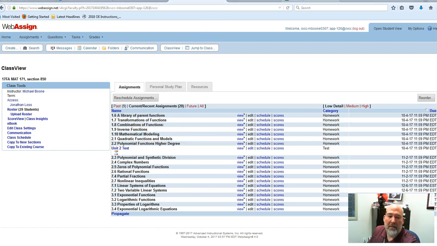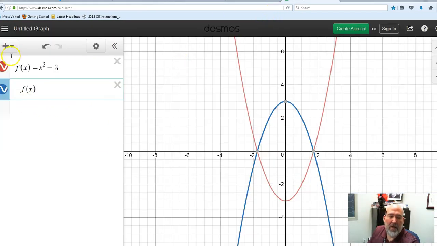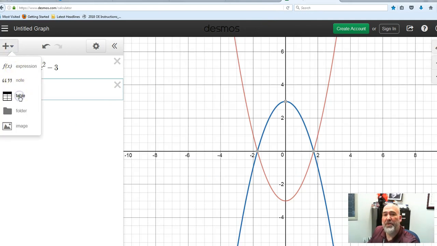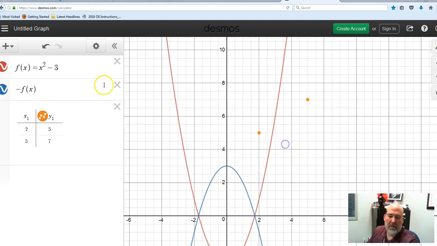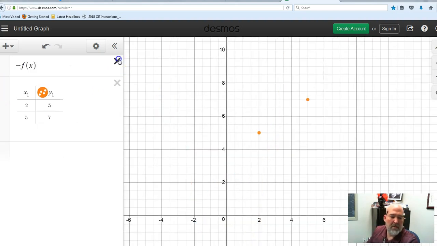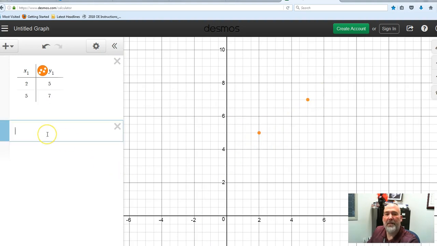Mathematical modeling. Again, in the video, I show you how to do a regression. And so, here's a simple one right now, just for the basics. If you have these 2 points, these 2 dots, I can easily get the equation of a line. I could do that from information from that first unit, just with 2 points.